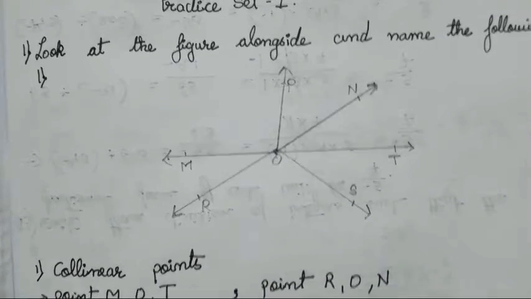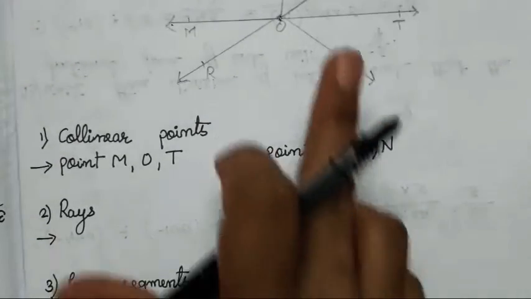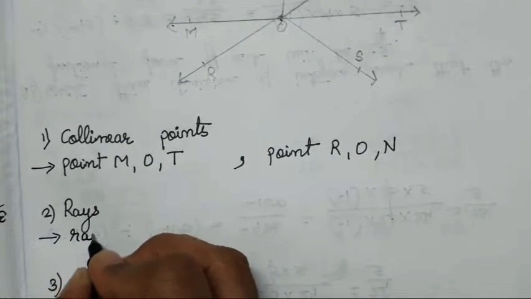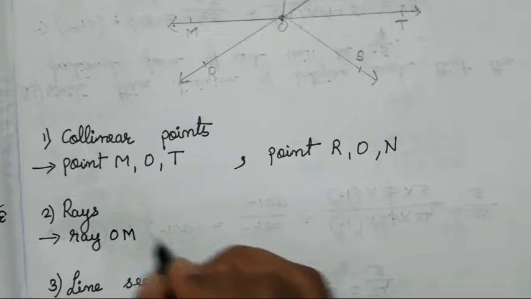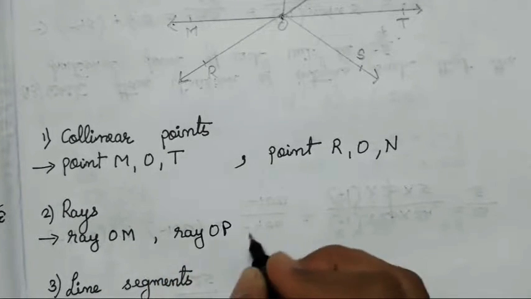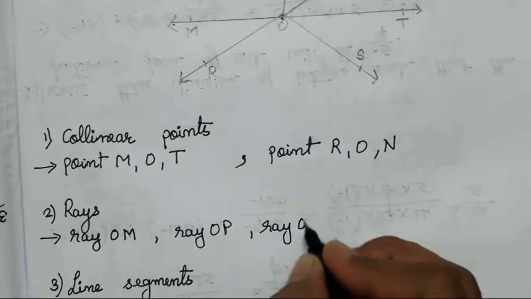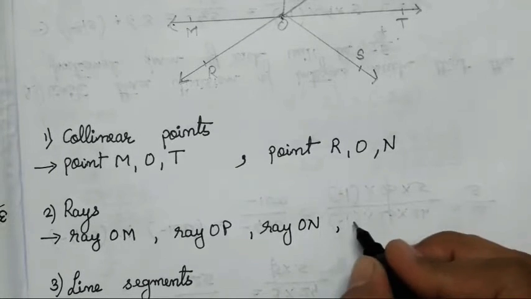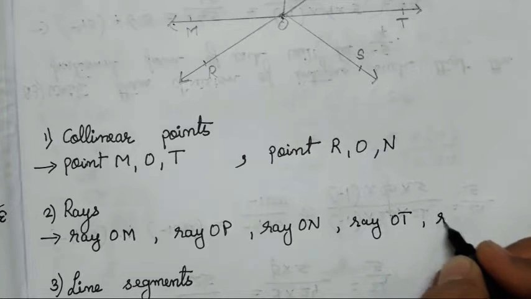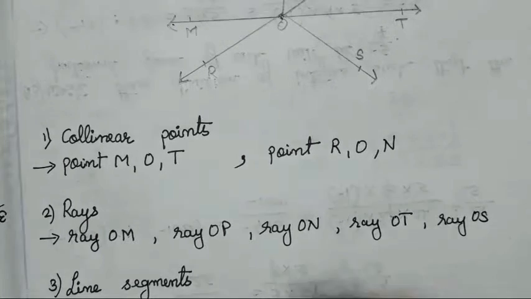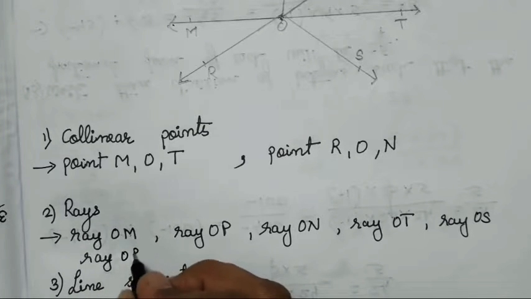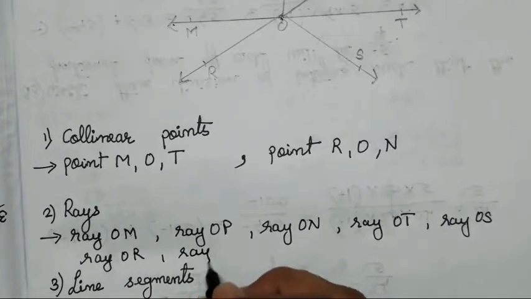Okay, so all the names that I have shown you in this figure, you have to write down now. Ray OM, ray OP, ray ON, ray OT, ray OS and ray OR.